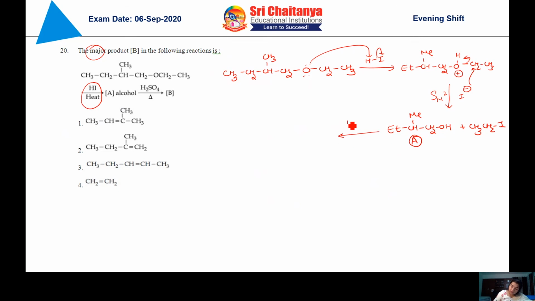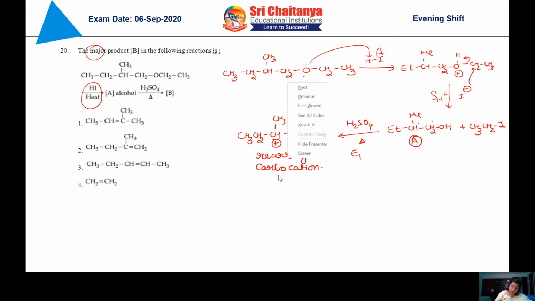It is now heated with H2SO4, in presence of acid. So it is again an E1 reaction. We discussed in the previous question that there will be rearrangements involved. This is the rearranged carbocation I'm drawing. It is not just the carbocation formed, it is the rearranged carbocation. A 1 degree will be formed, and by hydride shift it will move to 3 degree, and this is the 3 degree carbocation.